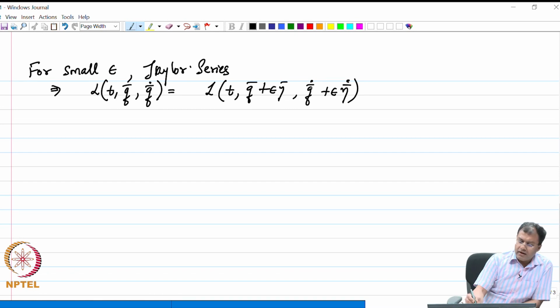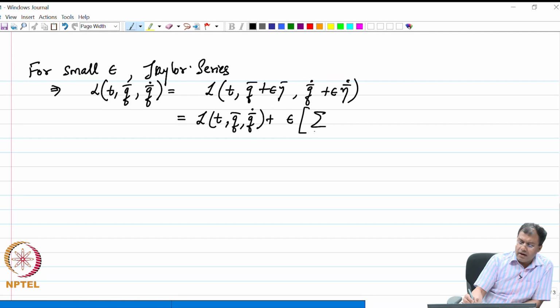So, where the dot represents the derivative with respect to the independent variable t. So, we can now start expanding using Taylor series. So, this becomes L of T comma q bar dot plus epsilon times, we see that we have the following set of terms. Now, notice that we are dealing with vector quantities. So, we will have n terms, one for each component of the vector.